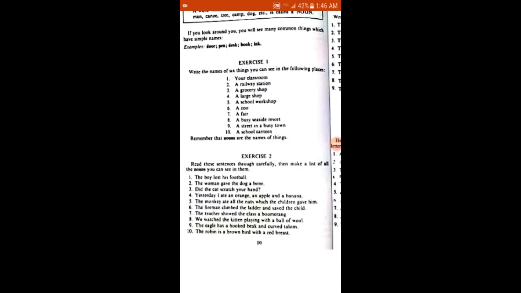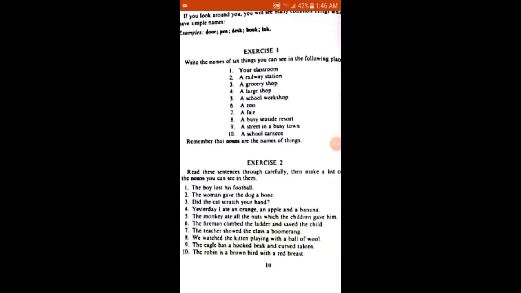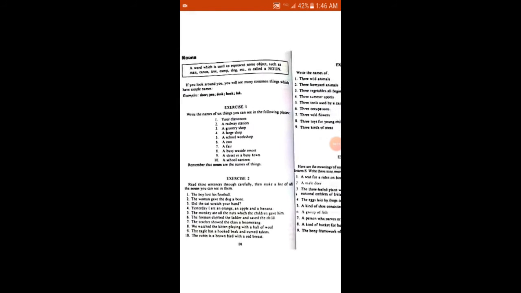How many nouns are you seeing here? Just circle them. The boy lost his football means there are 2 nouns. So this is very easy. I don't think I should tell you the answer. Just try to do this by yourself. Just make a circle around the noun.